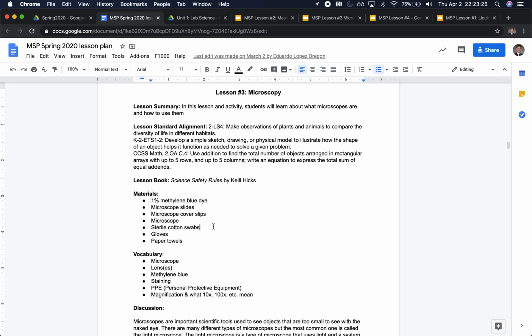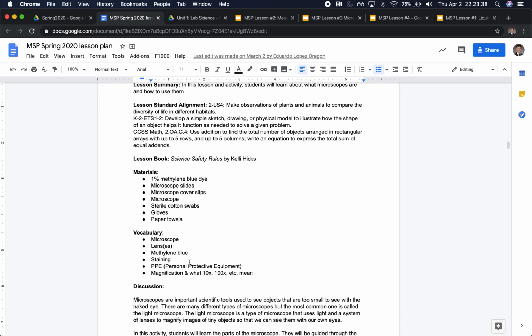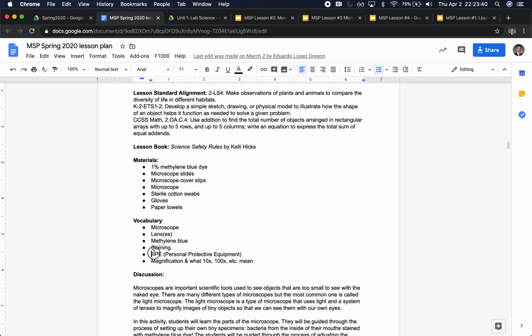I had them rub the cotton swab on the inside of their cheek to get the cheek cells, and then paint the microscope slides with the cotton swab to get all the material on there. Before that, I had them put on their PPE. I explained what PPE was, because scientists have to protect themselves and the things they're working with. They totally understood that. When they go to the dentist, for example, they have gloves and so on.